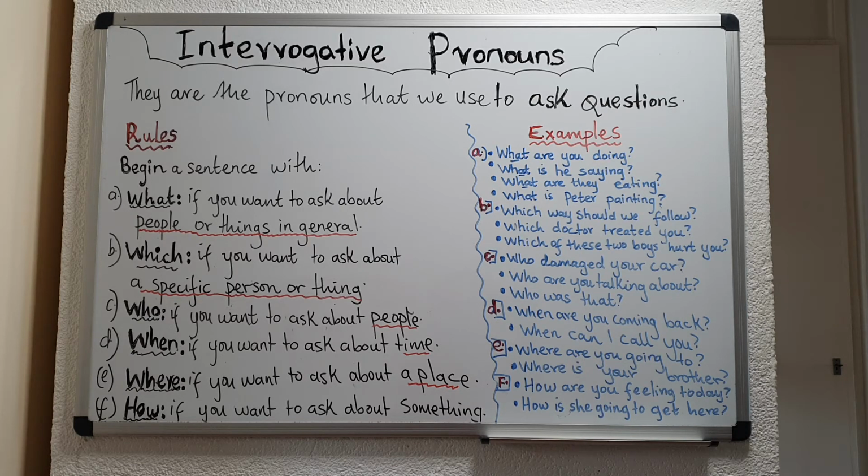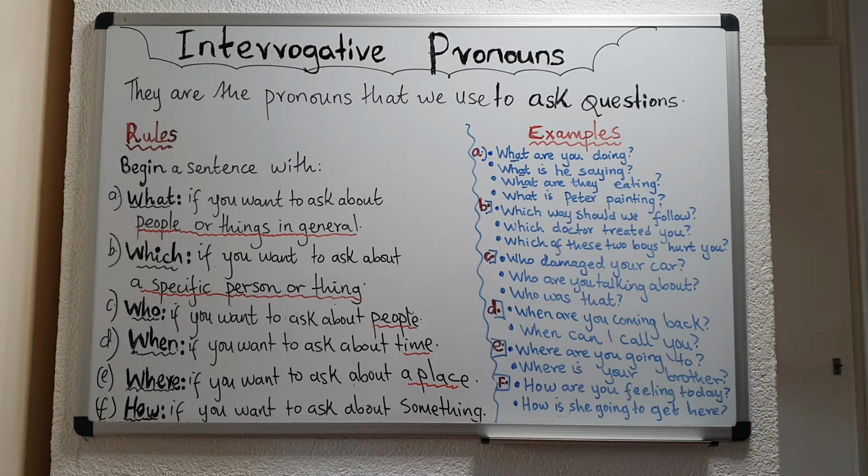When you begin your question with what, you may be asking about people or you may be asking about things in general. But if you want to ask about people, the pronoun that you should always begin your question with is who. Who is always for asking about people.